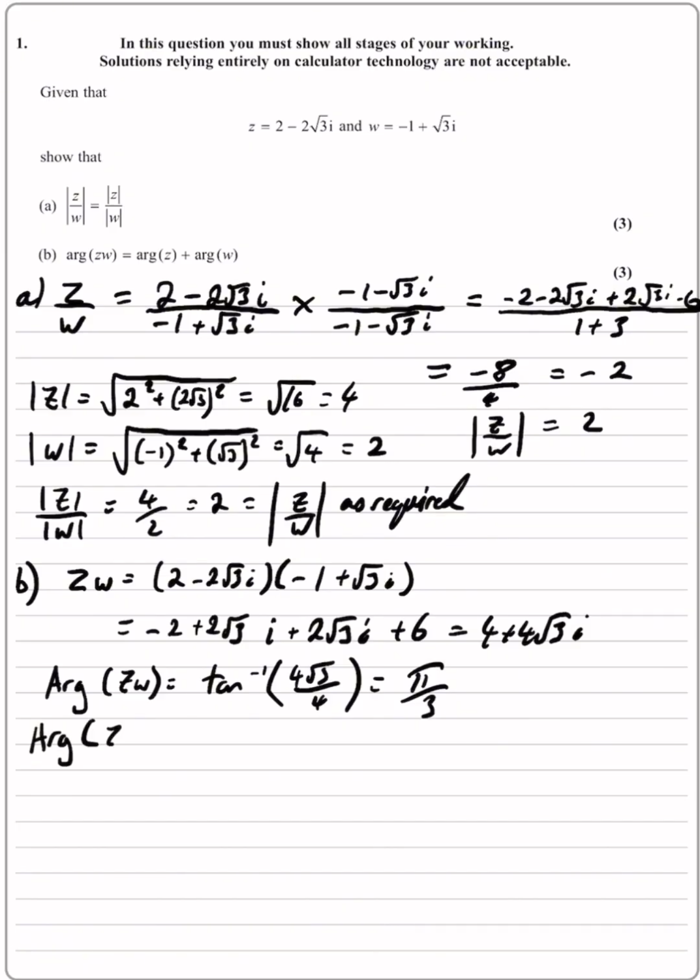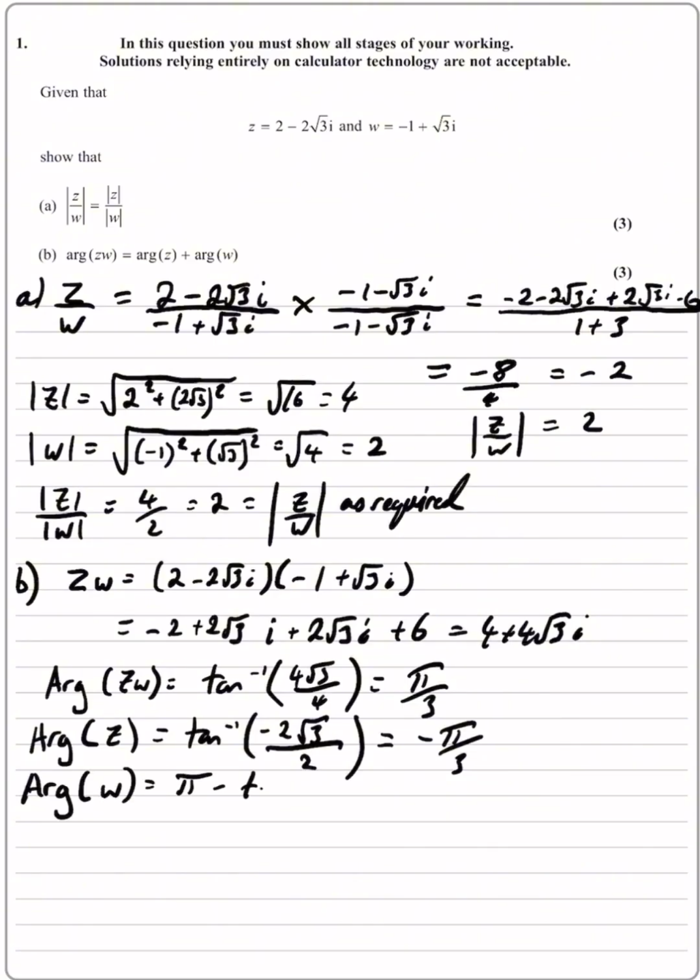For the argument of z, we can do inverse tan of -2 root 3 over 2 in the bottom right quadrant. So it comes out as minus pi over 3. For w, -1 plus root 3i, it's in the top left corner of the Argand diagram. So I'm going to do the trig to find the angle on the right angle triangle that's formed there, and then subtract that from pi to find its argument.